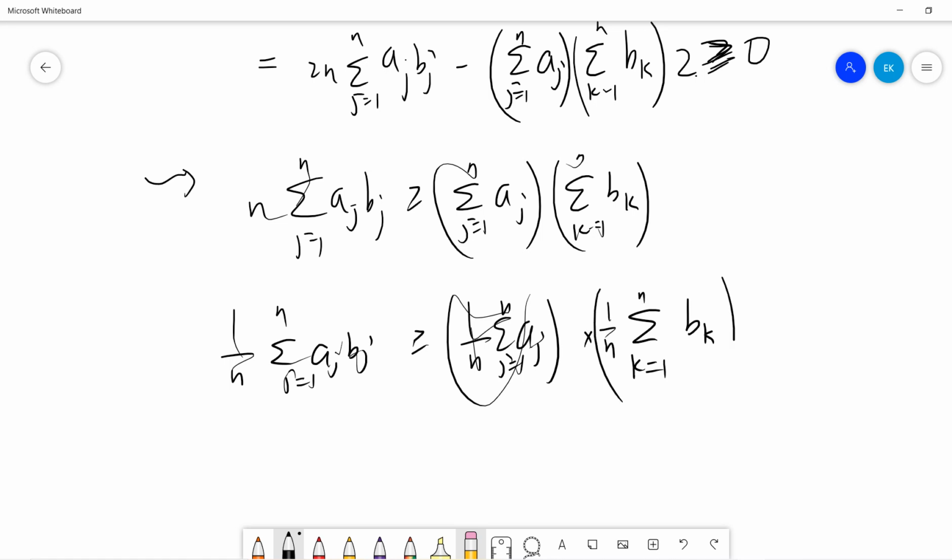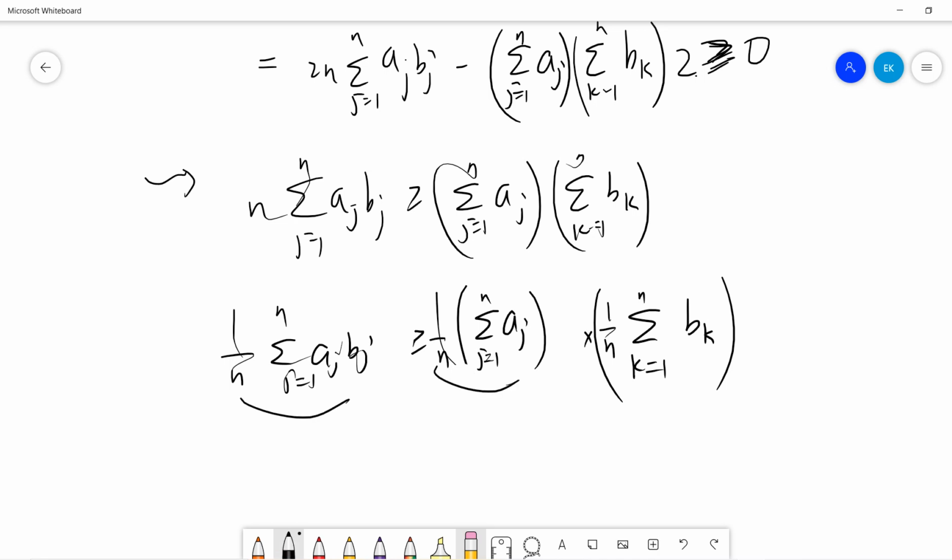Sorry, let me write clearly. I don't know why the pen looks like this. So you see these are two terms, and we proved this inequality.